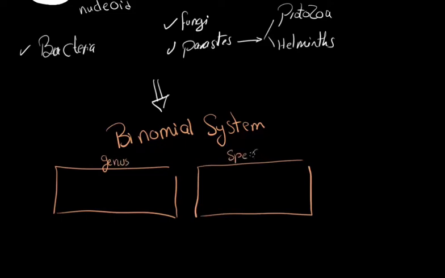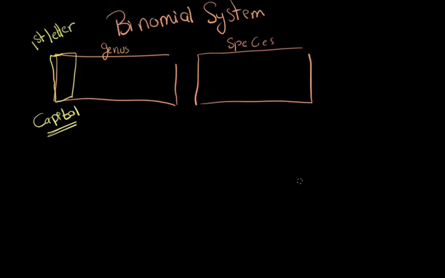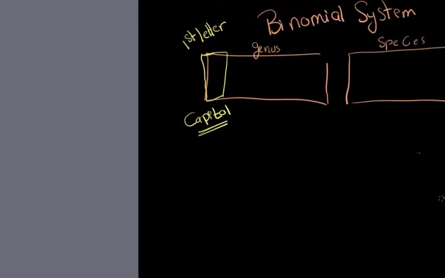The first letter of the first part is capitalized. It's a capital letter. The second part, its first letter is not capitalized. It's just a normal letter. The name, and this is actually pretty intuitive, should be distinguished from the rest of the text.